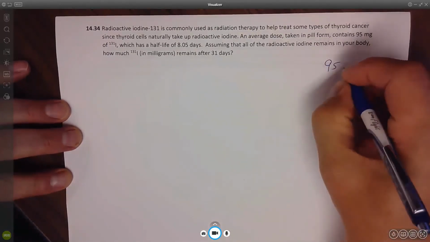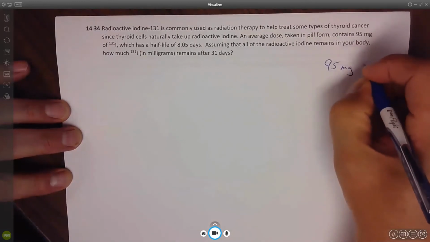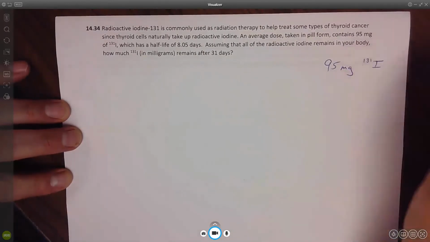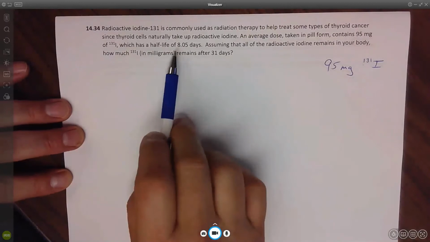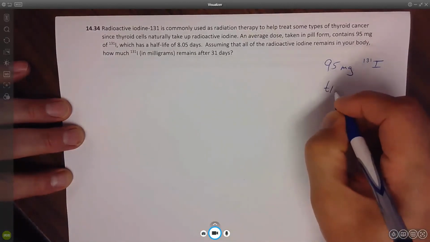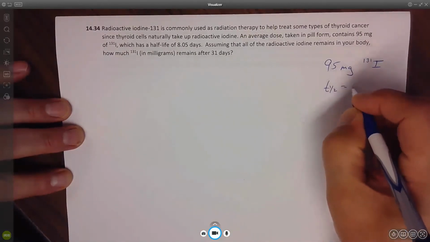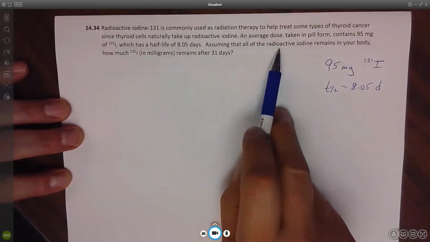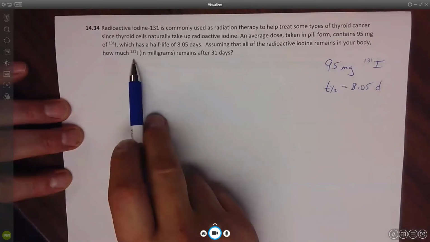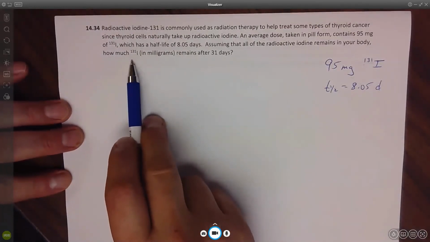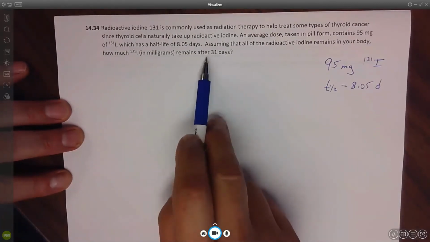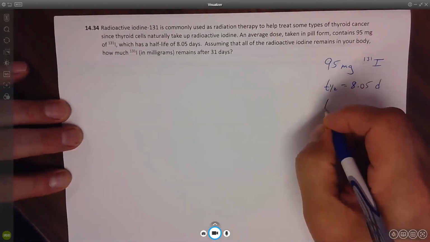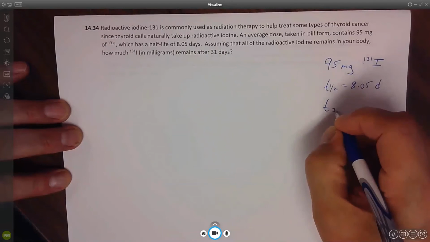So we have 95 milligrams of this radioactive isotope iodine 131, which has a half-life of 8.05 days. Assuming that all the radioactive iodine remains in your body, how much in milligrams iodine 131 remains after 31 days?